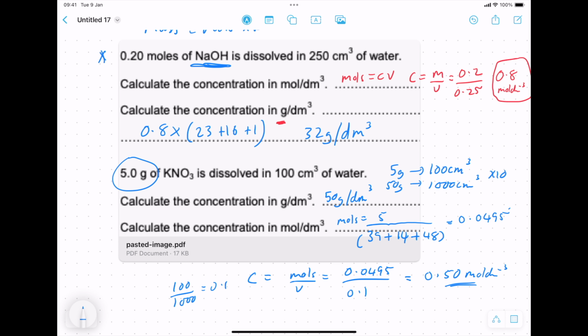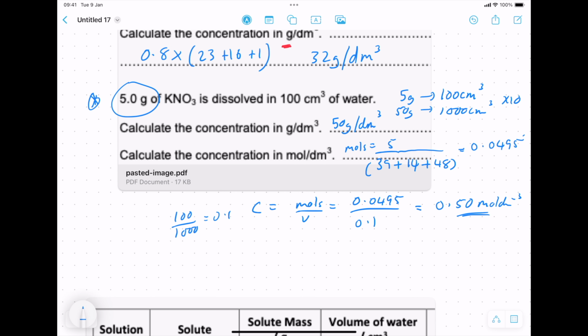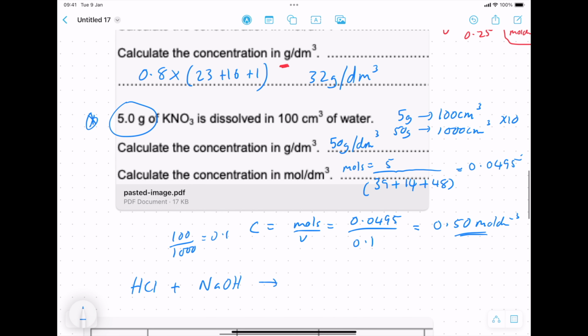What I've shown in these two examples before we finish is you need to be able to carry out these style calculations for, let me show you, where we have, say, HCl reacting with sodium hydroxide produces NaCl plus water, and you could be asked to find the concentration of say the sodium hydroxide.